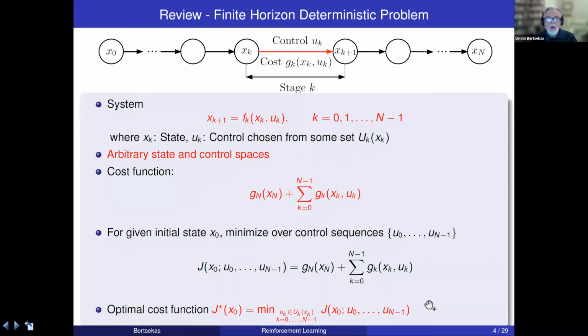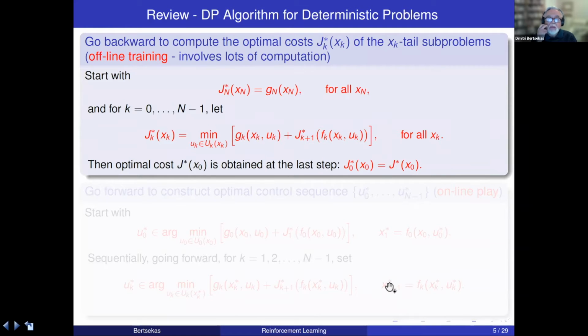Okay, so this is the problem. And we talked about the dynamic programming algorithm for solving it. The dynamic programming algorithm focuses on calculating the optimal cost of the tail subproblems, all the tail subproblems that begin at any stage k and for any state xk.